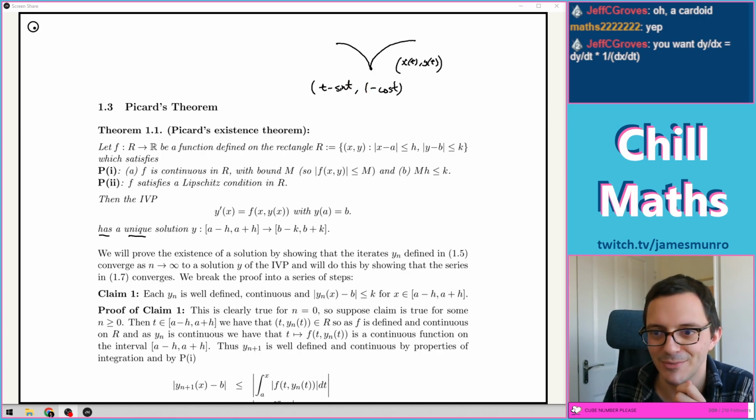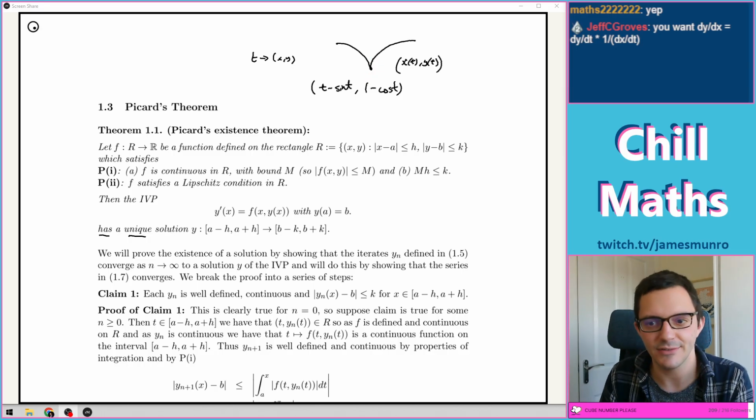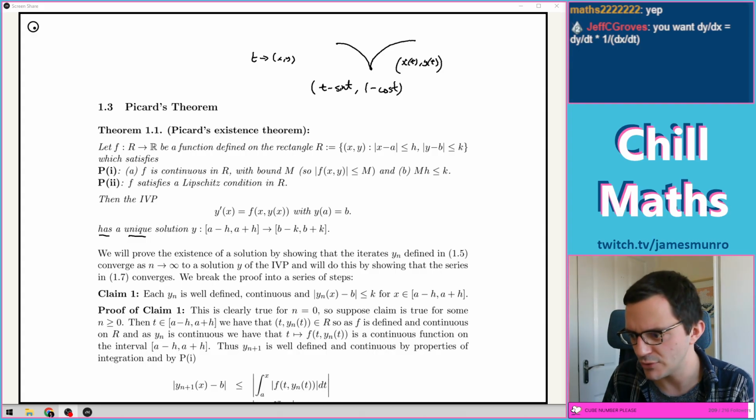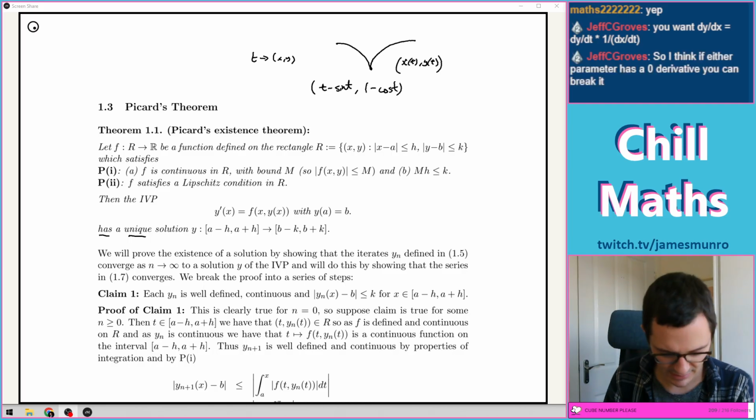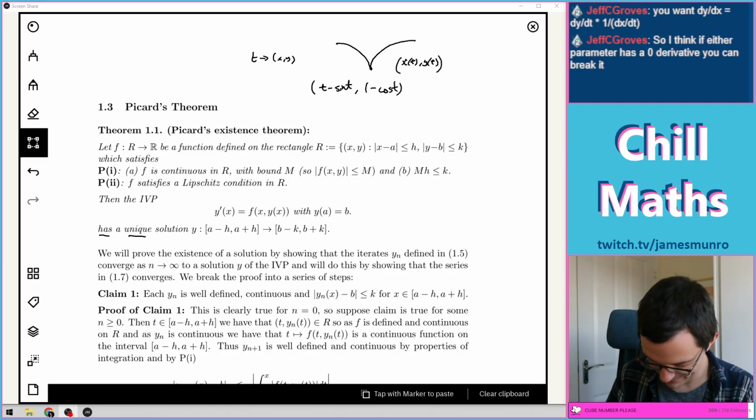So the function from t to x, y might have a Lipschitz condition, but then the shape, y as a function of x, might not have a Lipschitz condition. As you change x a little bit, well, that involves changing t in some quite a strange way. Possibly. Yeah, good, okay. And there is a way to differentiate those to try and convert between the derivatives.